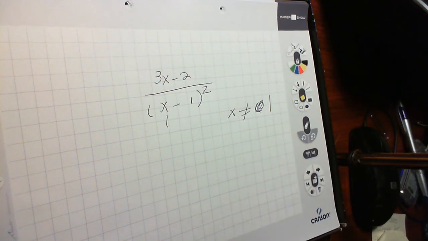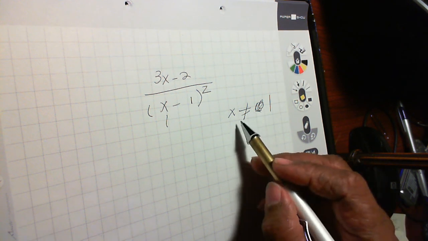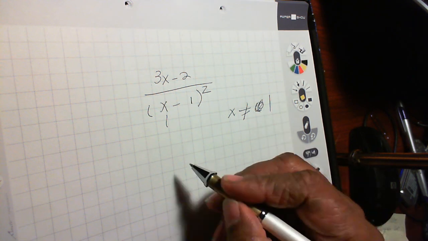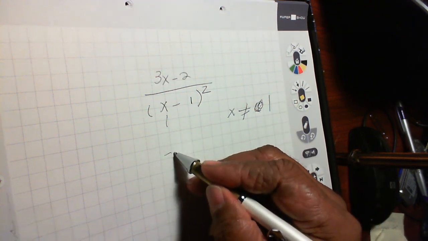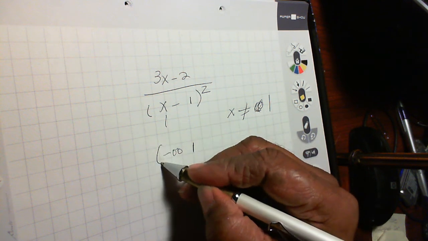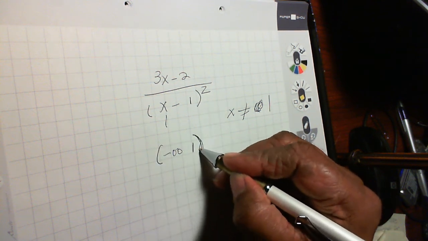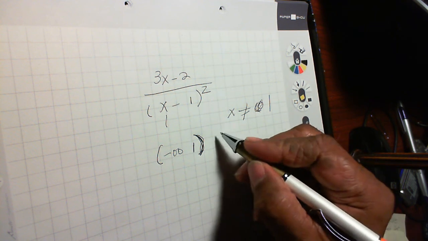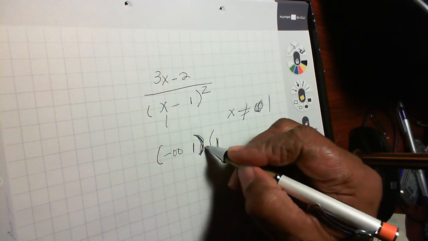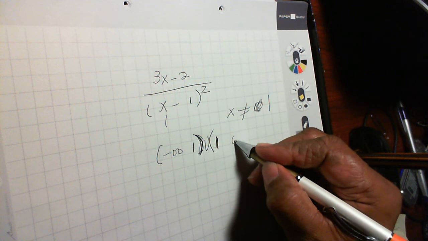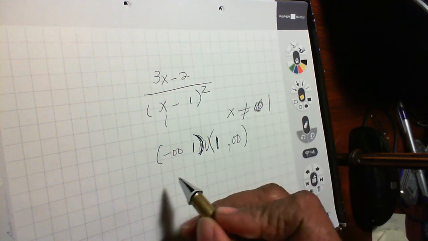So you know how to write this. I did not write it in the previous example. It's all reals except x cannot be equal to positive 1. One way to write this is negative infinity to positive 1 with an open interval, so we're not including the 1, and then we union that with 1 to positive infinity.